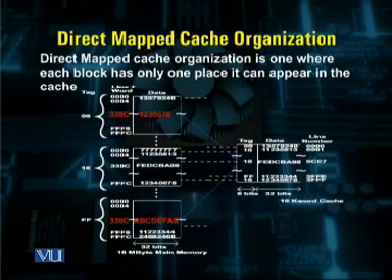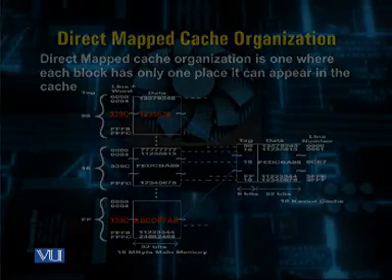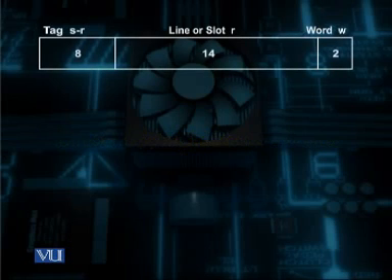And similarly, the block address 16339C hex is also placed in the cache at the address 0CE7 hex. This direct addressing can be described in further detail with the help of this address structure.